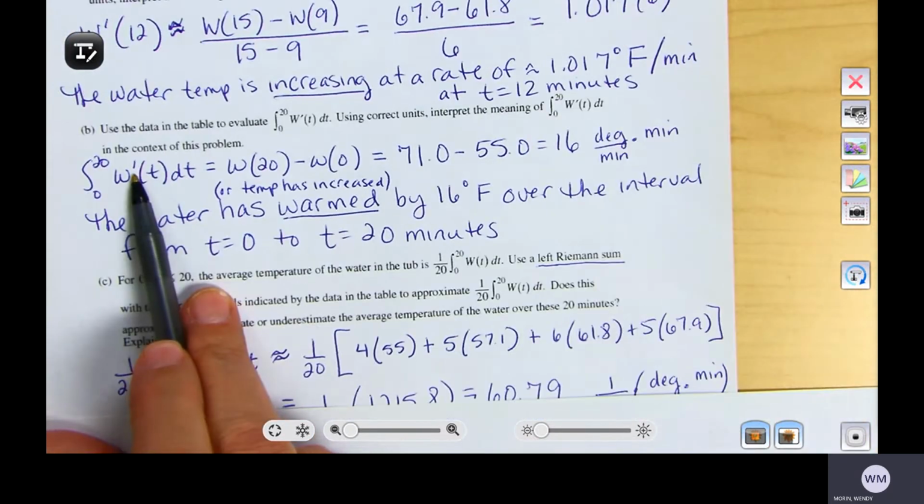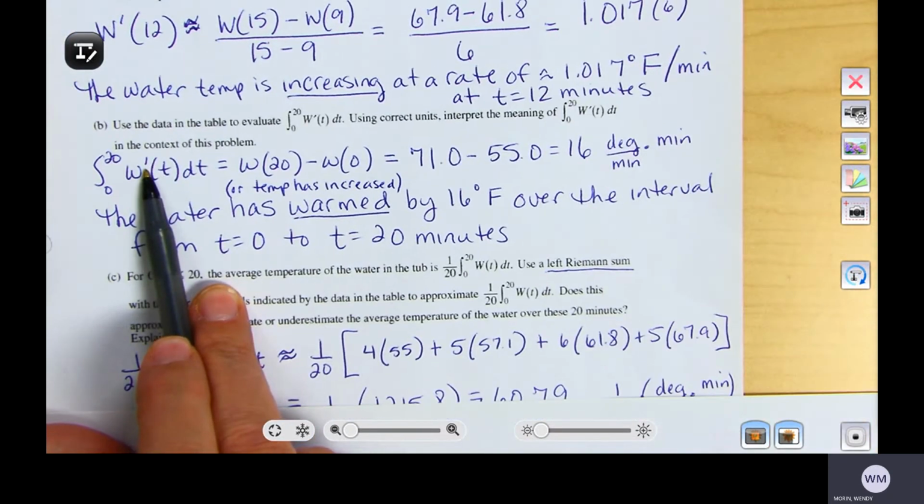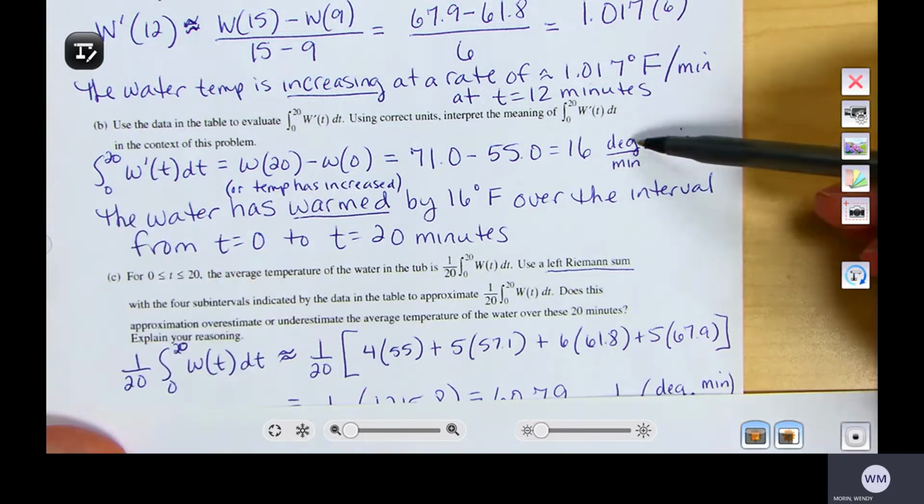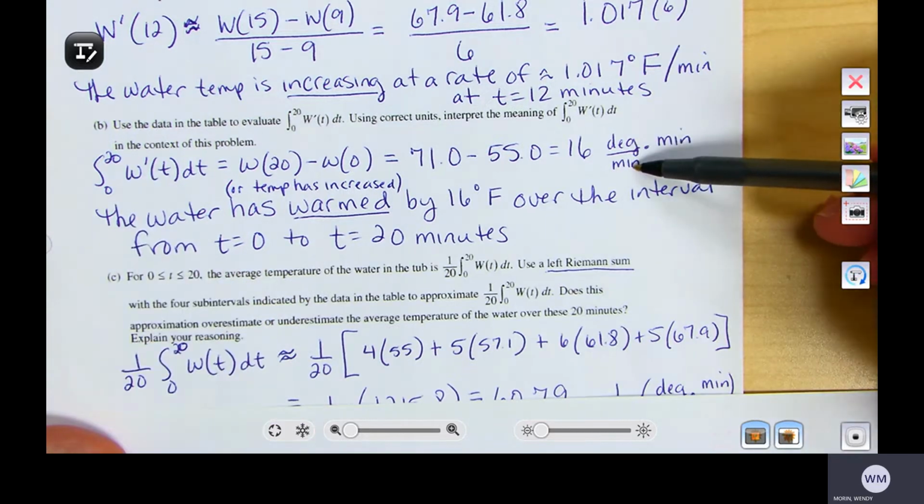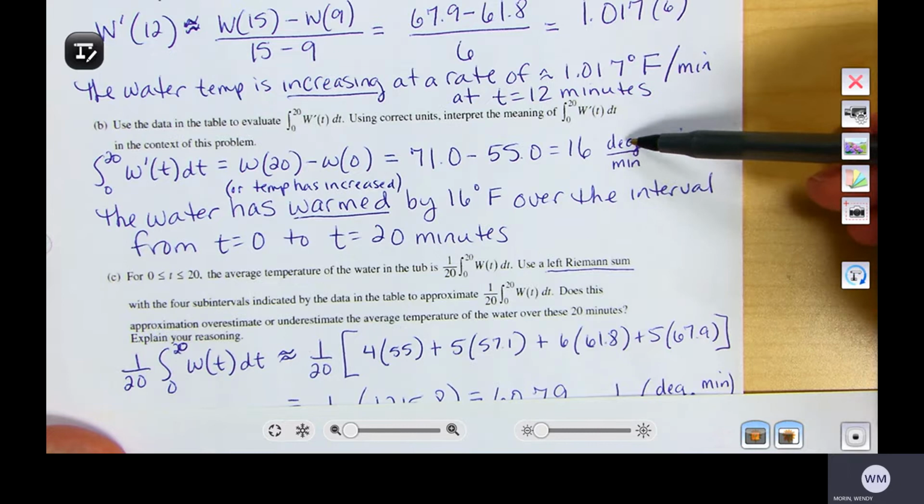W prime is degrees per minute, so if you integrate degrees per minute, you get degrees per minute times minutes.